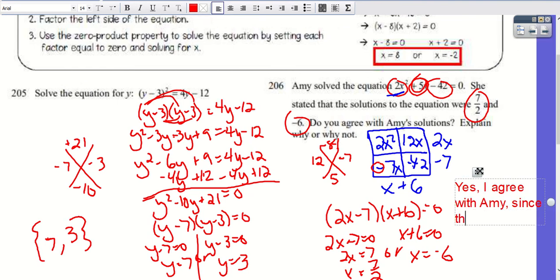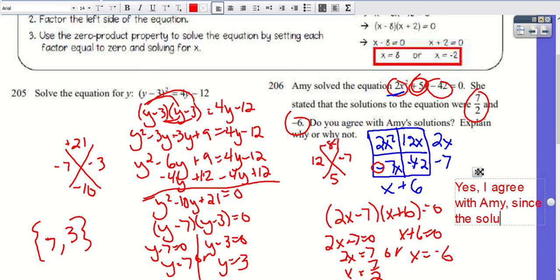Since the roots, or the solutions, I guess not the solutions.